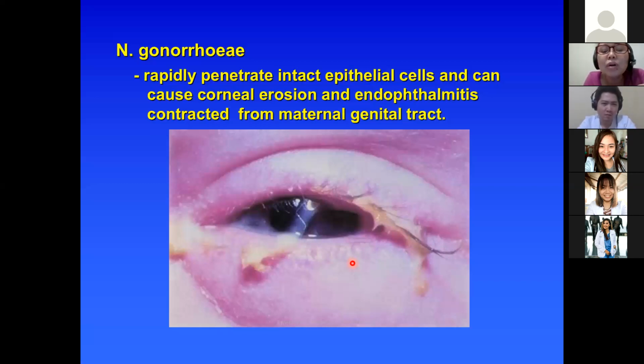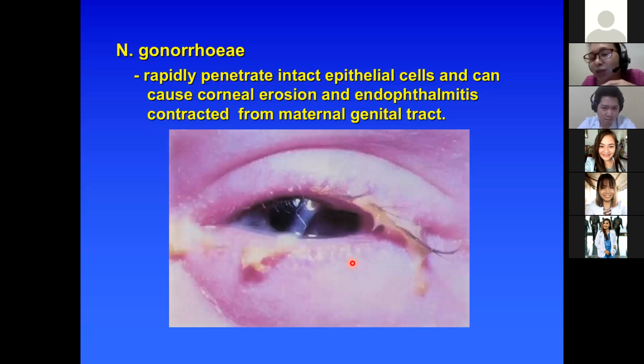Now, where is the lesion? Where do you usually see the corneal ulcer in your Neisseria? You have your central corneal ulcers, your peripheral corneal ulcers. Periphery.